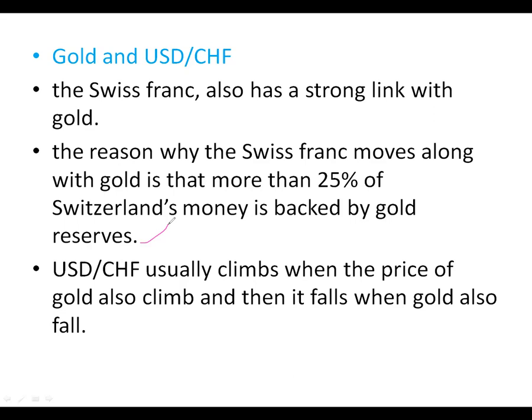Because CHF is already a Switzerland currency, and because Switzerland has a lot of gold in stock as reserves, and they use those reserves to cushion their currency, which is the Swiss franc, it has made the currency pair USDCHF have a correlation with gold. So what is the correlation like? We are saying that USDCHF usually climbs when the price of gold also climbs, and then falls.